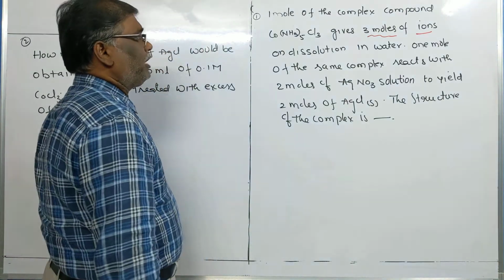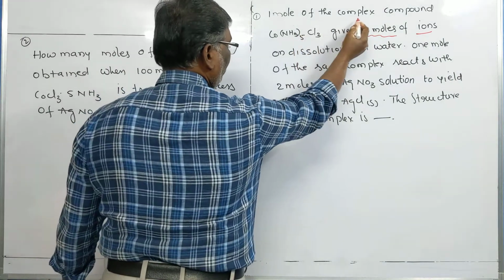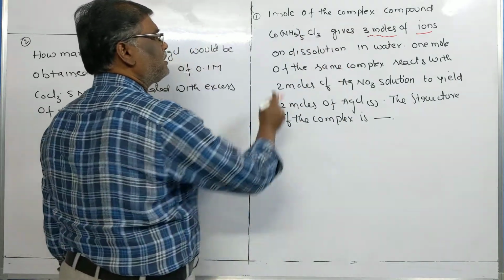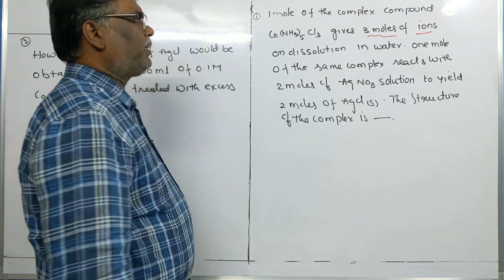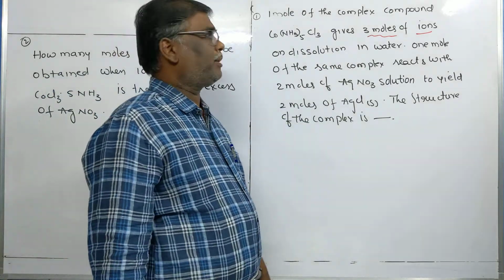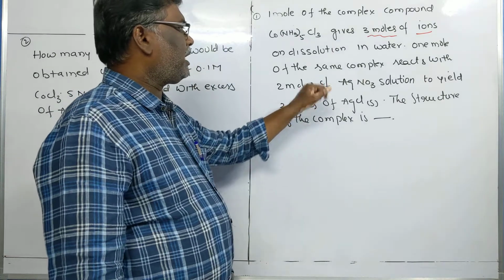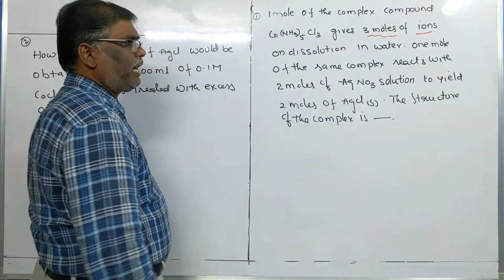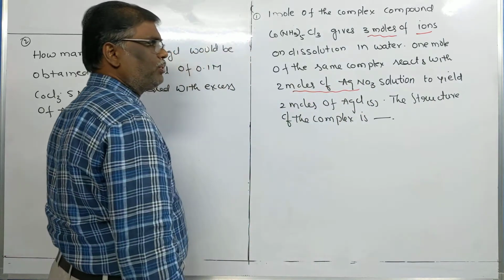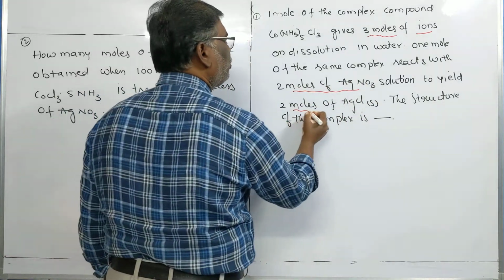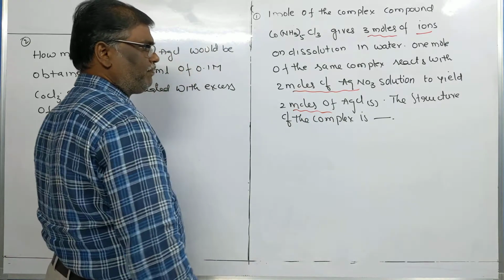The problem given is: 1 mole of a complex CoCl3·5NH3 gives 3 moles of ions on dissolution in water. 1 mole of the same complex compound reacts with 2 moles of AgNO3 and gives 2 moles of AgCl.